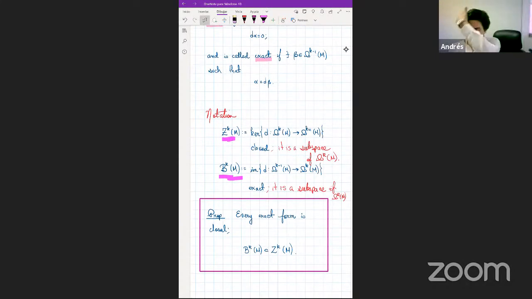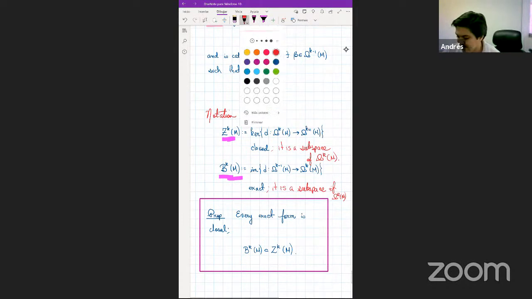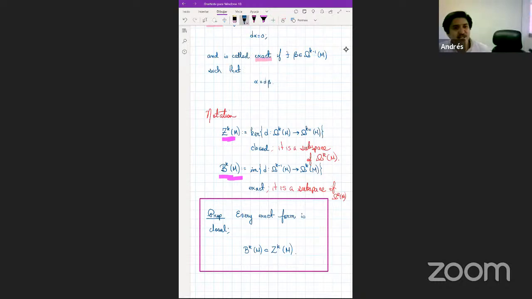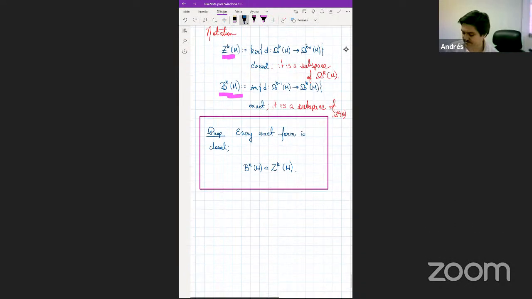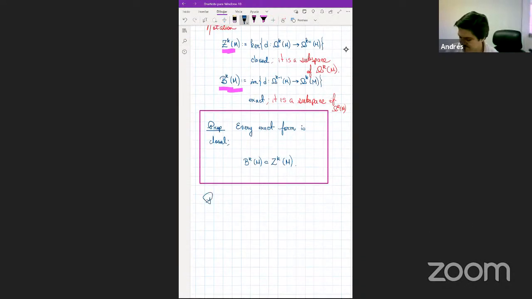Now, an important observation is this, that every exact form is closed. Let's see why.